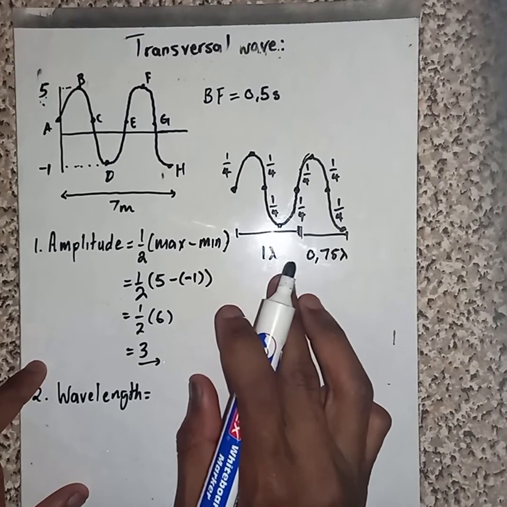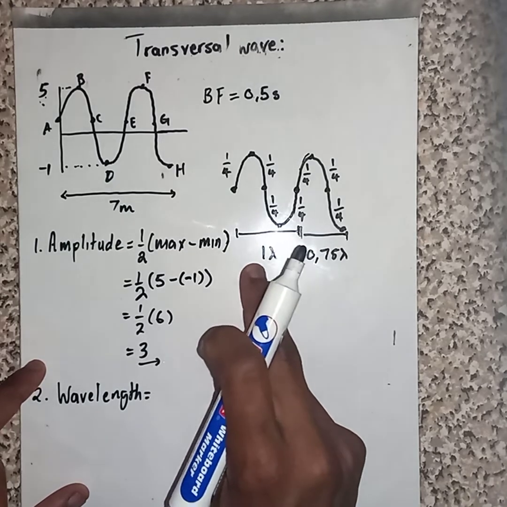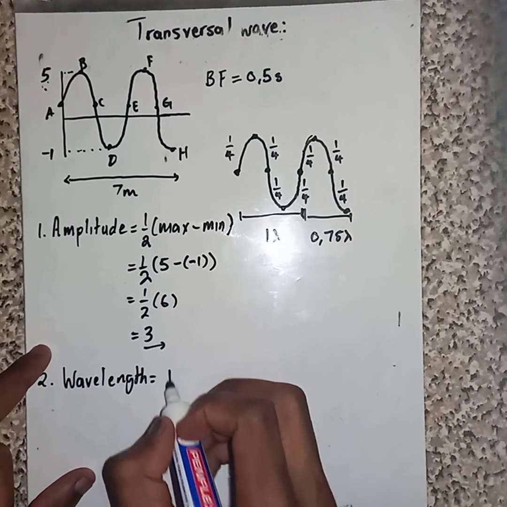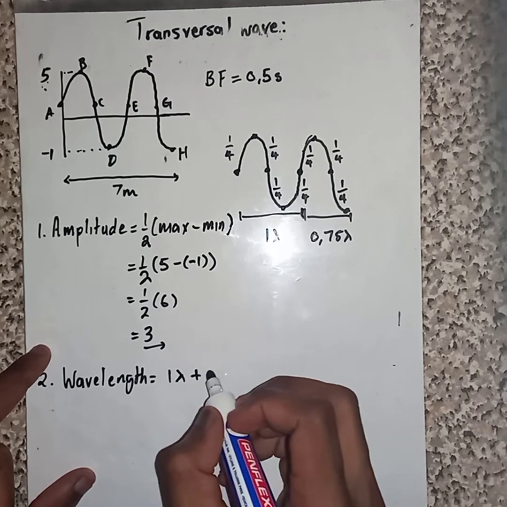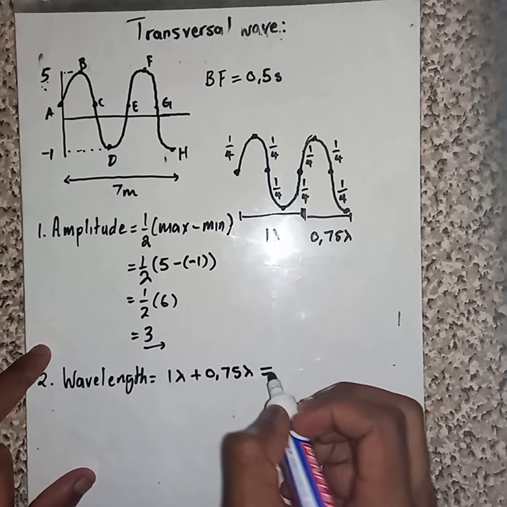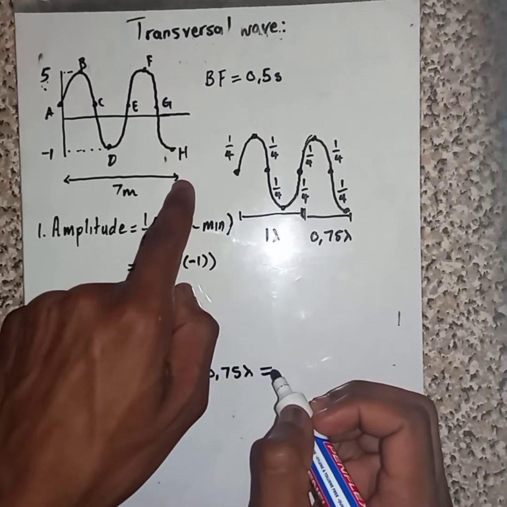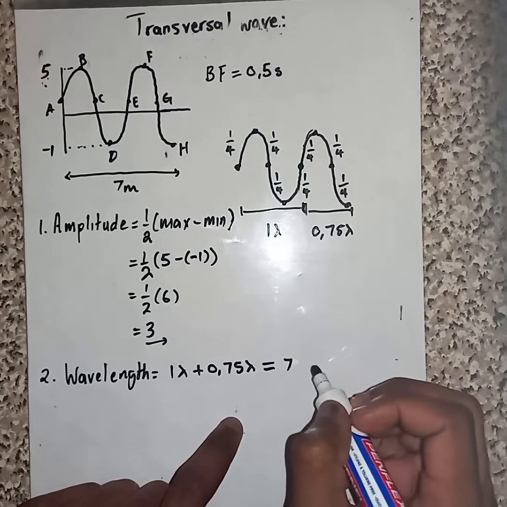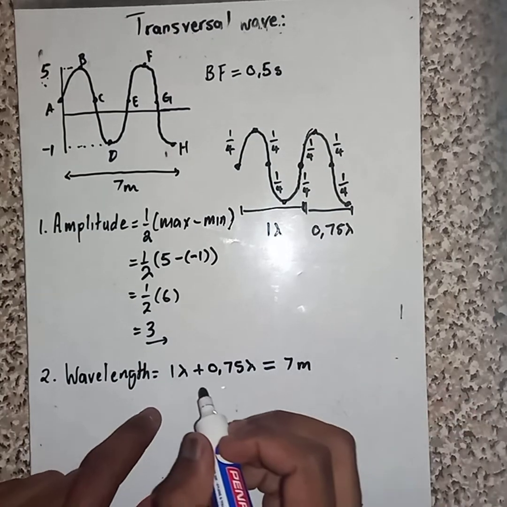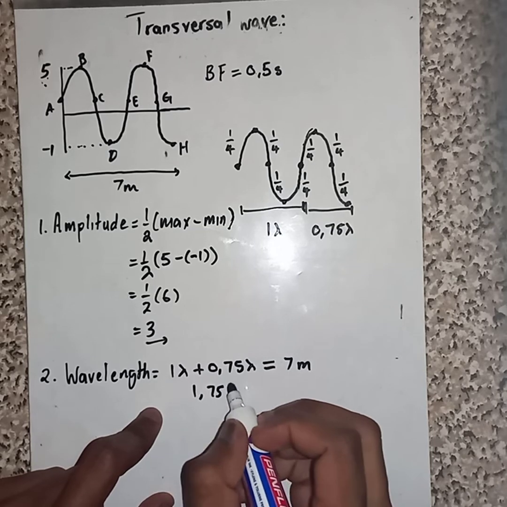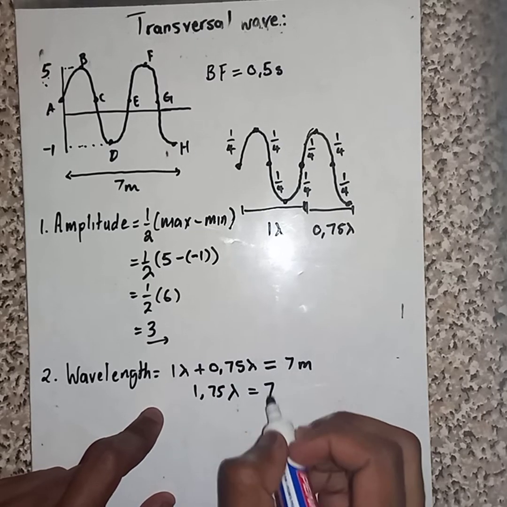You see now. Then at this point, you can add these two values, which is 1 lambda plus 0.75 lambda. Then equate it to the entire distance, which is 7 meters. When I add these two, I'm going to get 1.75 lambda equal to 7.